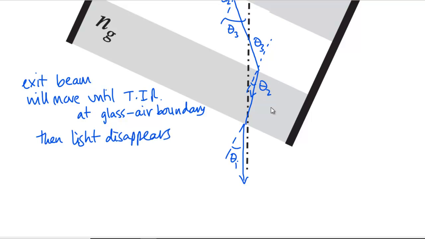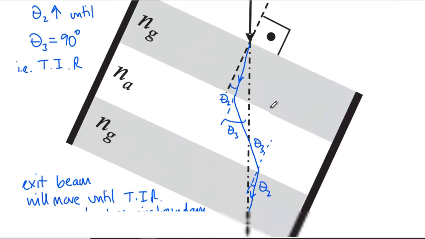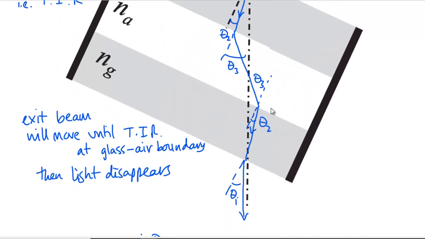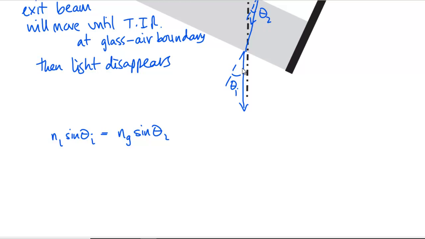And they wanted us to work out, I believe it was, a relationship between NL and theta I. Right, so we've got NL sine theta I, so this is Snell's law on the way in, is going to be equal to NG sine theta 2. And then when the light disappears, we're going to have that NG sine theta 2 will be equal to NA at total internal reflection.